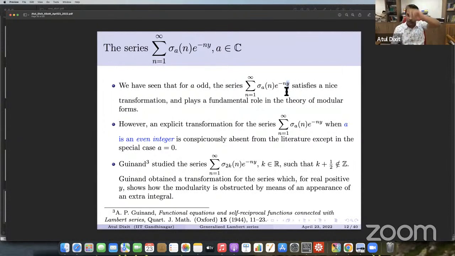So that's why y goes to 1 by y in this case. But you want this to transform into something which has some constant over y in the exponential, but then you don't have the same arithmetic function here, or you don't have the same series. You have something different. So we followed the second approach, and today I will be presenting some results through this approach.